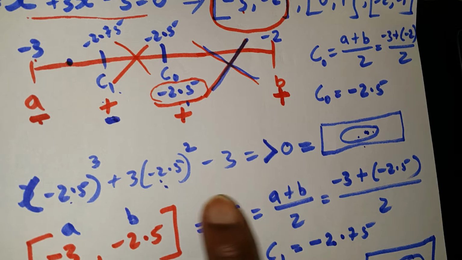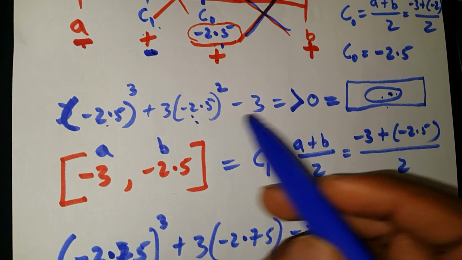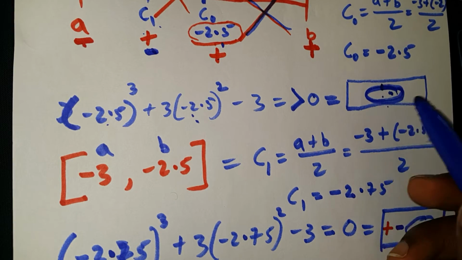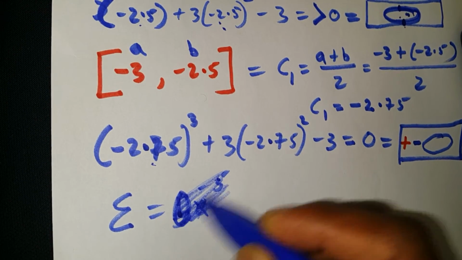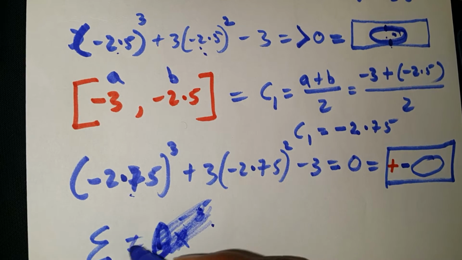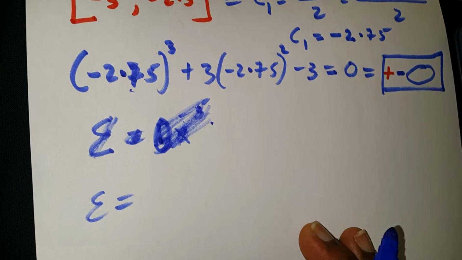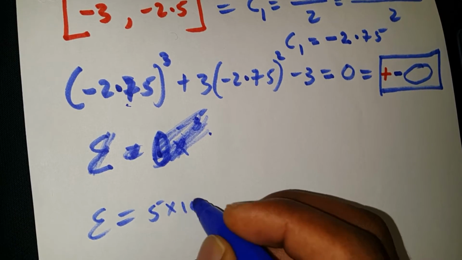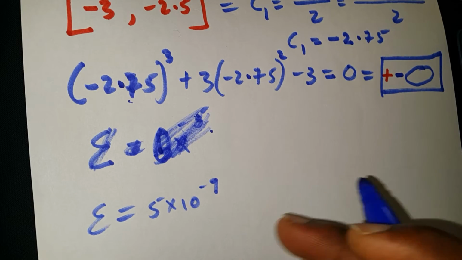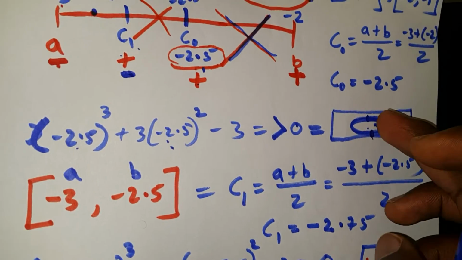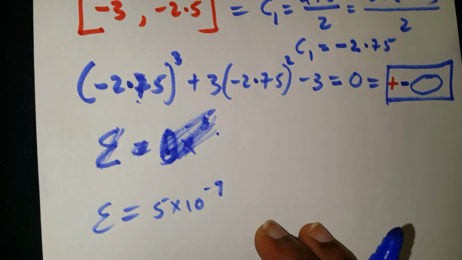So you just have to put your C values into the function and find the value of C. Sometimes you will be asked to find the error value at 5 times 10 to the minus 9, so you just have to keep comparing them with your value of C till you get this error value.